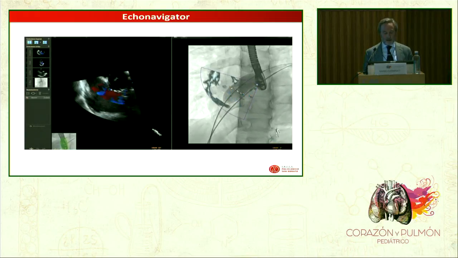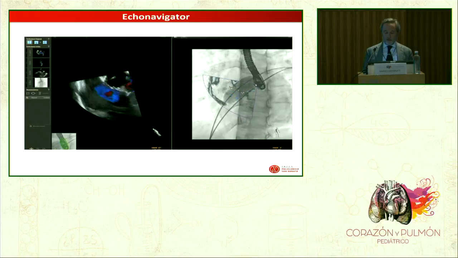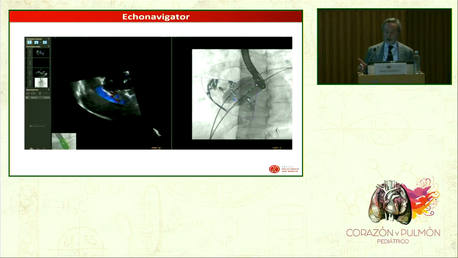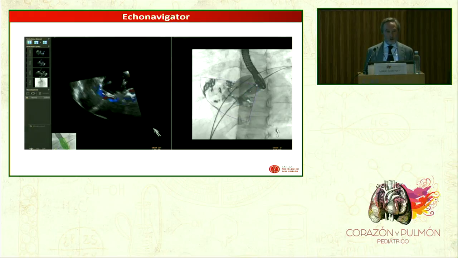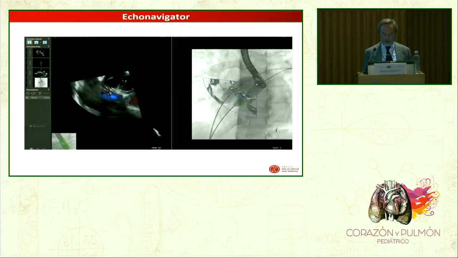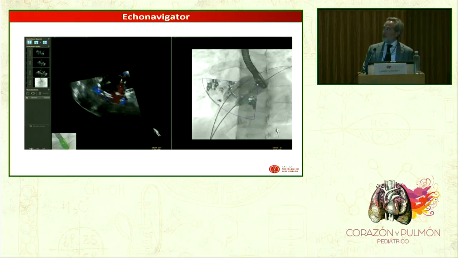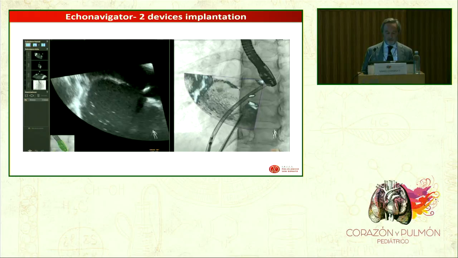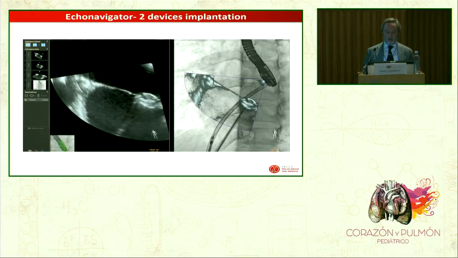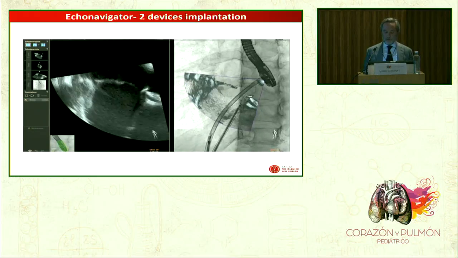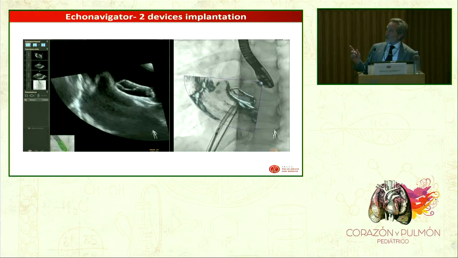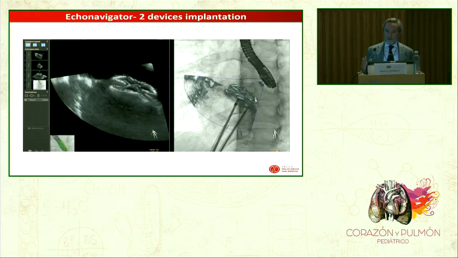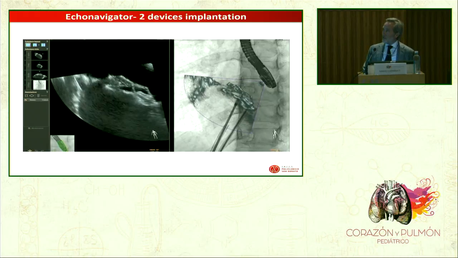And in some cases, like in this double defect, you clearly see the two wires and two balloons going into both defects, and we are quite sure that we are in the correct spot. And so we can evaluate the size and the position of the defect, and in this particular case, to implant two simultaneous devices. As you see here, the small device implanted first, the larger one overlapping the previous one.